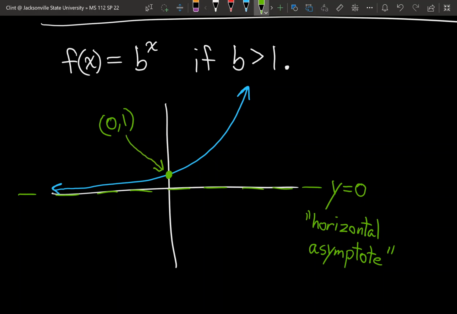Because if you take any number that's not 0 and raise it to the 0th power, you're going to get 1. So it doesn't matter what the base is. If you raise it to the 0th power, you get 1. So that means on all these exponential graphs, we've got the point 0, 1 on the graph. Okay.